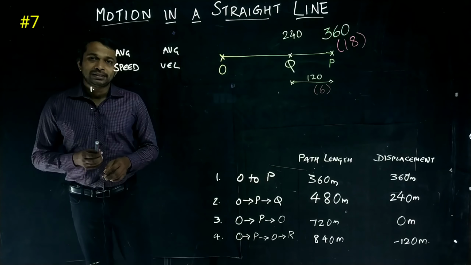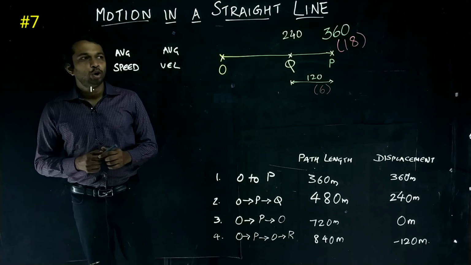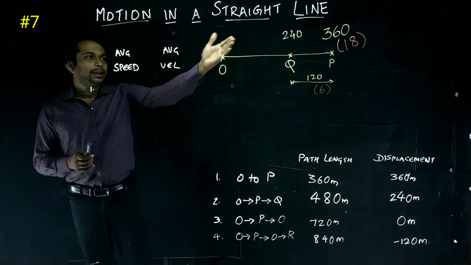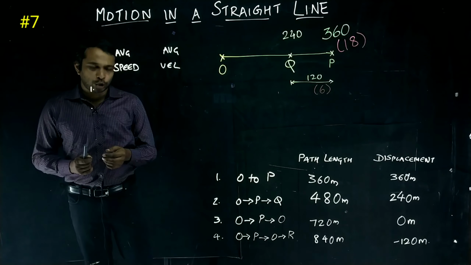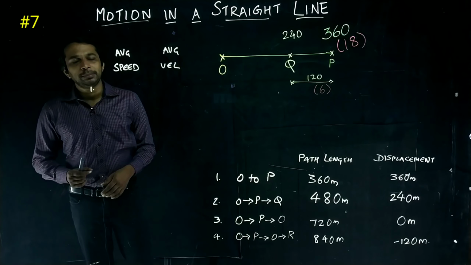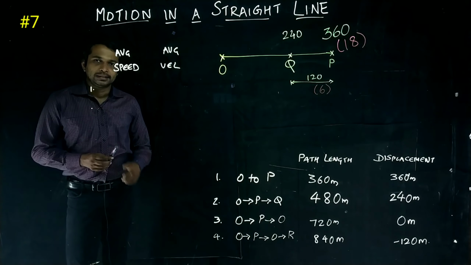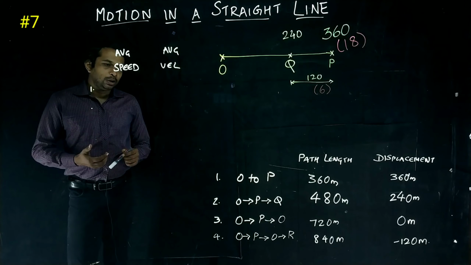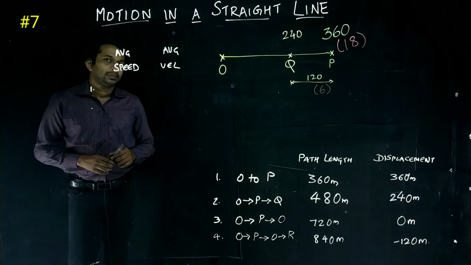Now in example 3.1, they are saying that a car which was at O reached P, which is at a distance of 360 meters from O, in 18 seconds, and it came back to Q, which means 120 meters back, in another 6 seconds. Now let's study what is the average speed and average velocity here.